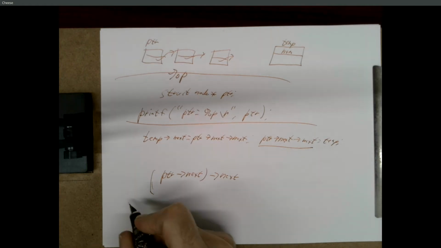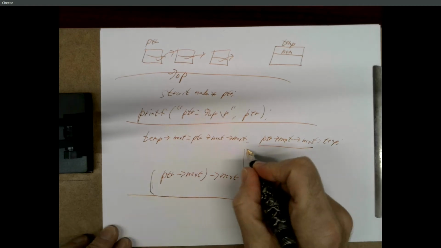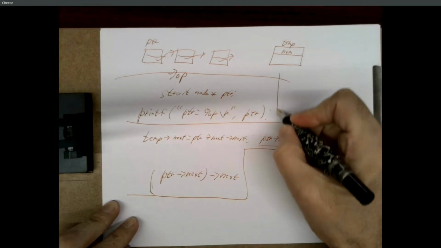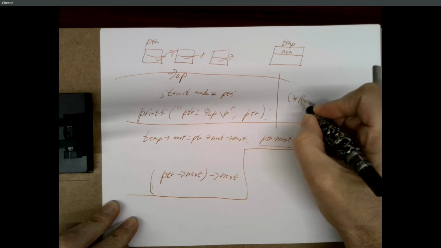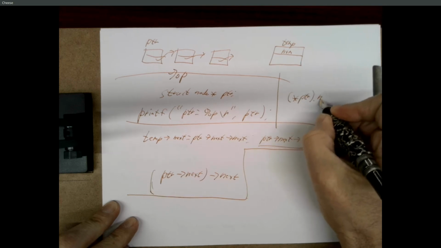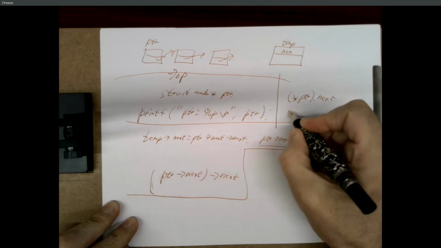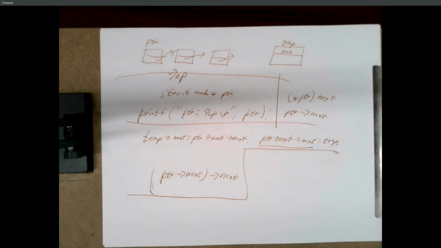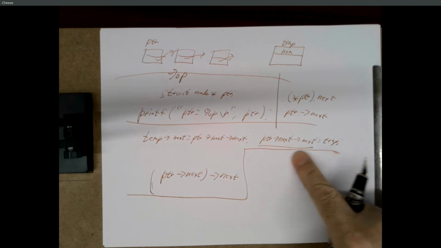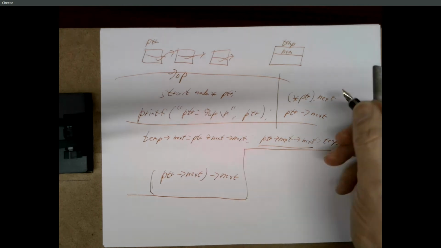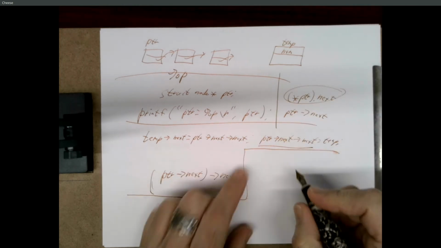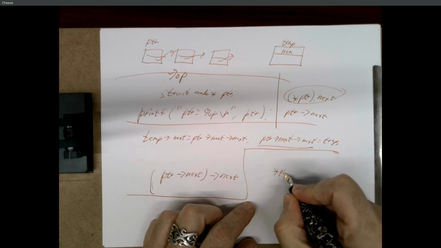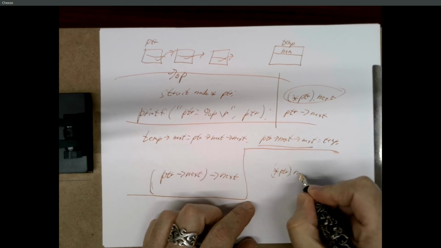And this is also why, remember, we can say something like star PTR dot next, and that's a synonym for PTR arrow next. But if we wanted to do this kind of statement using this notation, well, this first field is star PTR dot next.